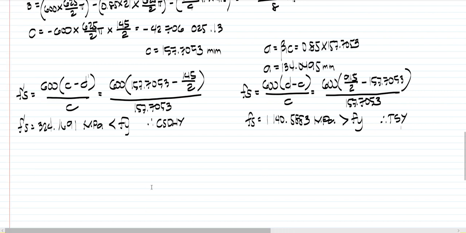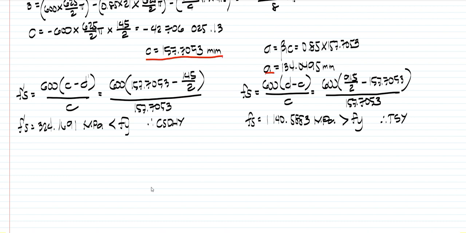So, since tama yung assumption natin, we can say na this value of C is a true value or a correct value and this value of A is a correct value. Now, after proving our assumption, so we have now to determine the net tensile strain.